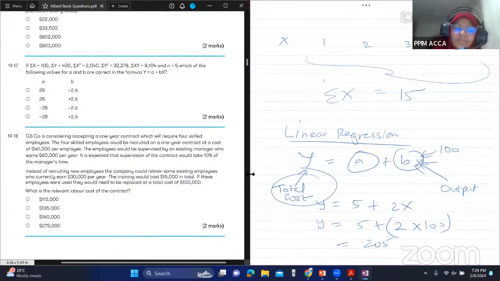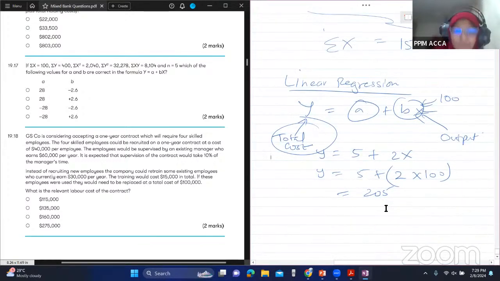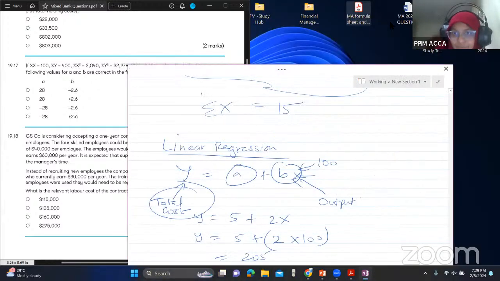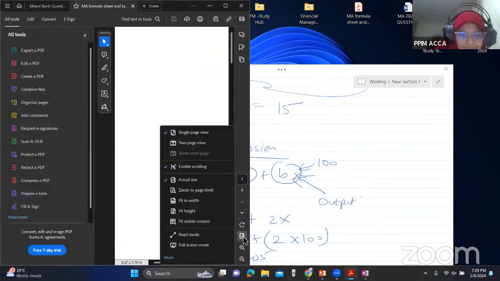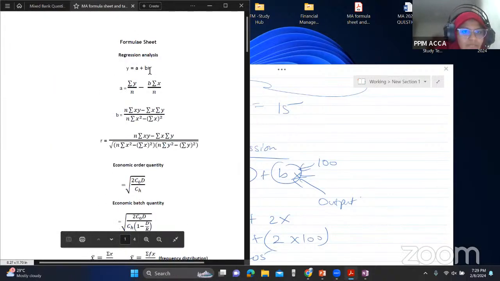Okay. So linear regression gives you two equations for you to use to find a and b. Those two equations, thankfully, are given to you in your exam. So I'll show you that. This one.